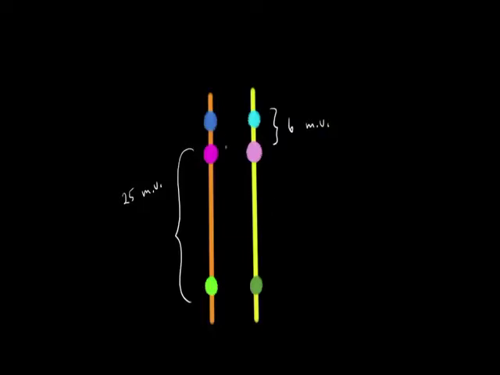So let's first focus on the purple and green genes. Remember, if two genes are 1 map unit apart, that means that 1% of the time they'll recombine. So these are 25 map units apart, which means that 25% of the time that meiosis happens, recombination will occur with respect to the purple and green genes. So let's see what that looks like.